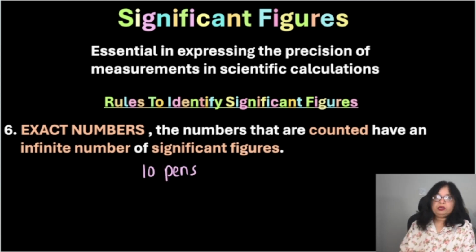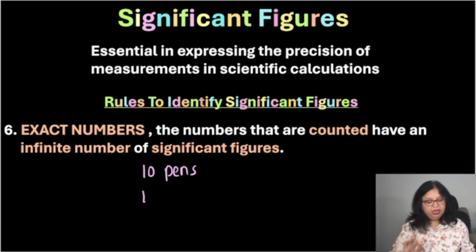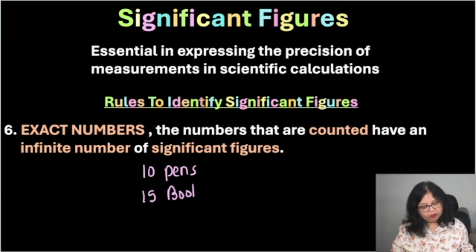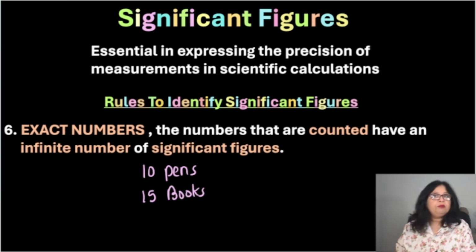What's the number of significant figures in the number of pens I have? Infinite. I know it to infinite certainty that I have 10 pens. Maybe I have 15 books on my bookshelf. Infinite number of significant figures in this number 15 because this is an exact number. Okay?